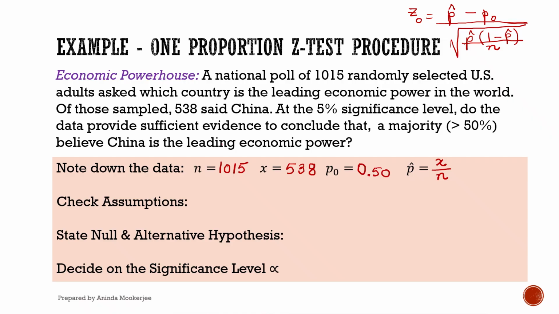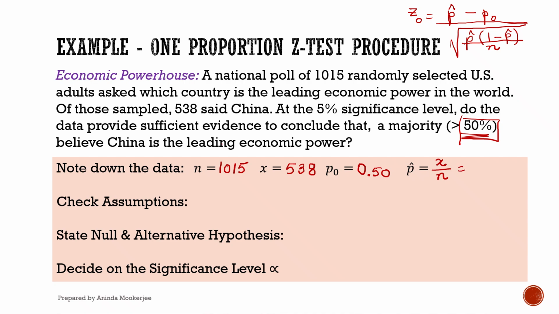0.50. So this is what is the null hypothesis proportion. Well, the null hypothesis proportion has to be a decimal value, so we have to convert the percentage to a decimal value. And then p hat, which is the sample proportion, is going to be obtained from the formula x divided by n.